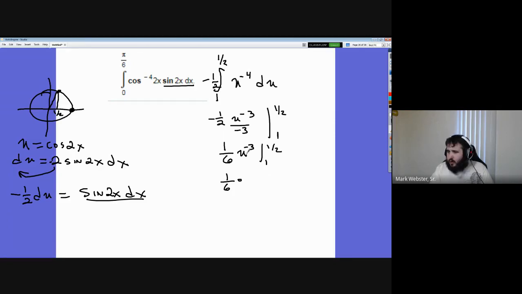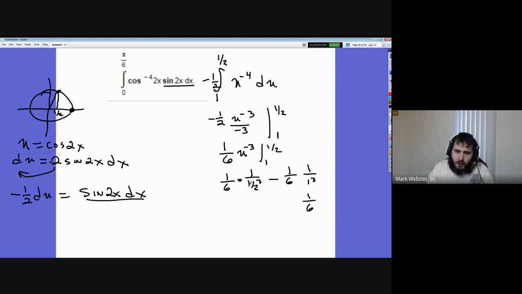And u to the negative third is 1 over u cubed, right? So 1 over 1/2 cubed minus, and we'll clean this up. This is kind of a hot mess right now. 1 over 1 cubed, right? So 1 cubed is 1. So this part is 1/6.